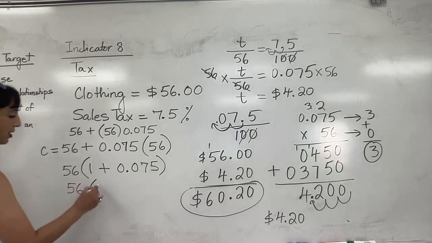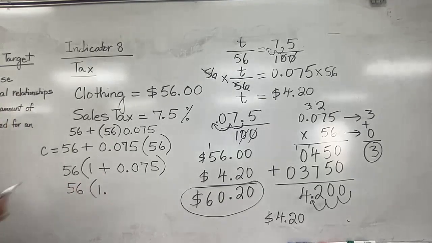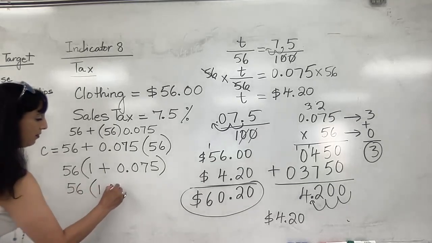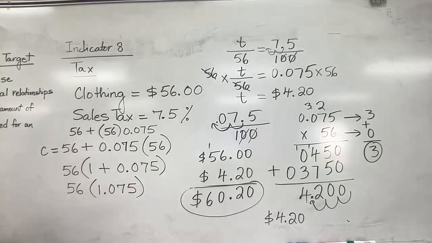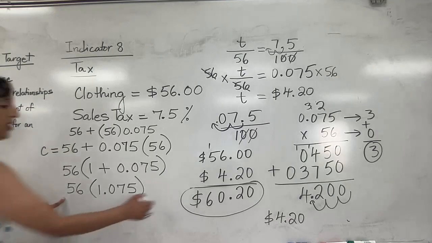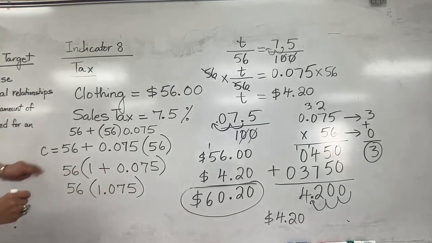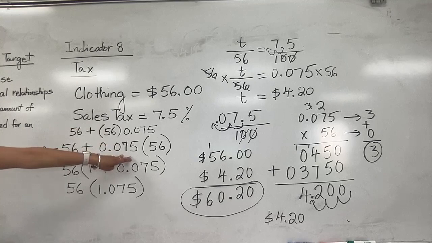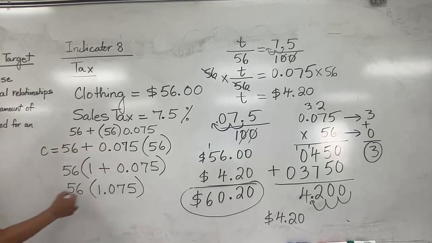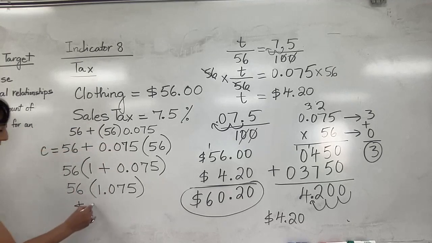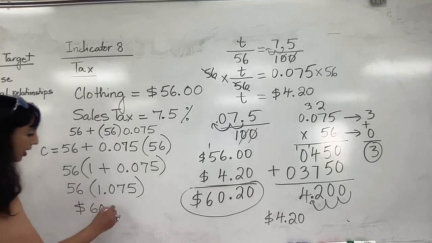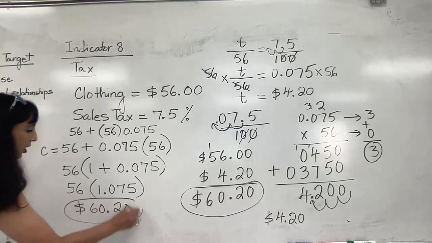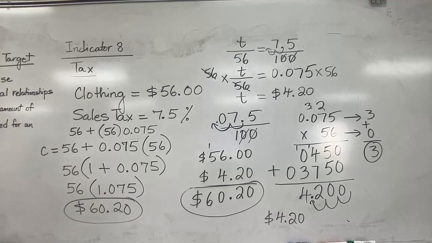And I get 1 and 75,000. And then all I do is I multiply, okay? And this one is going to get me straight to this, because what do I have over here? I have the cost plus I have the sales tax, right? So now when I multiply this, I'm going to straight up get $60.20.